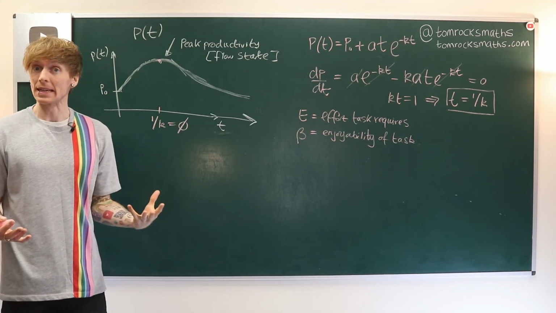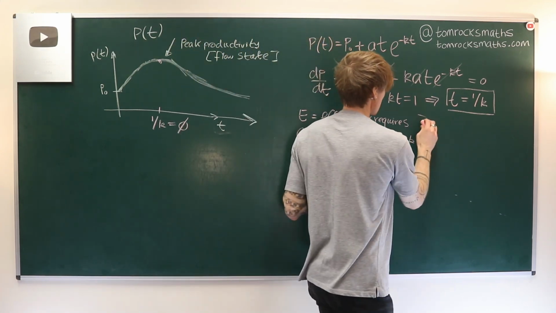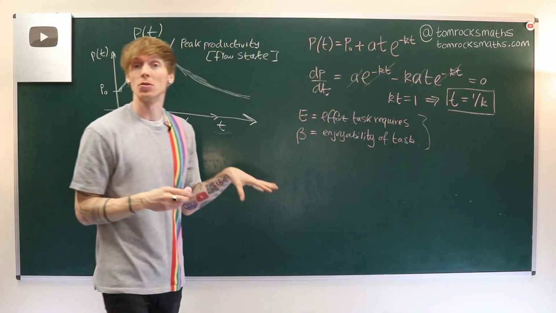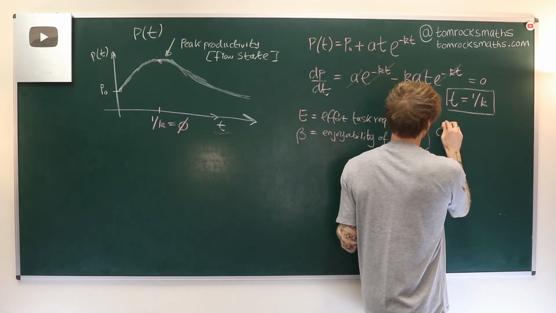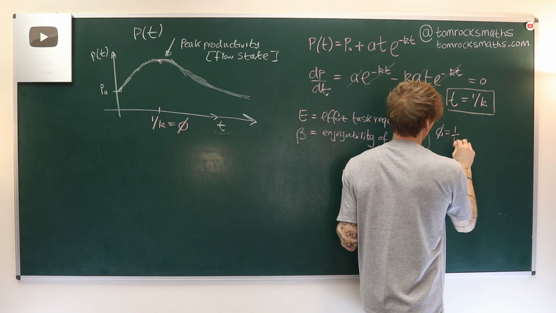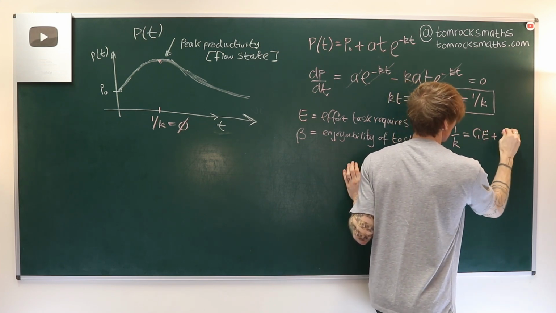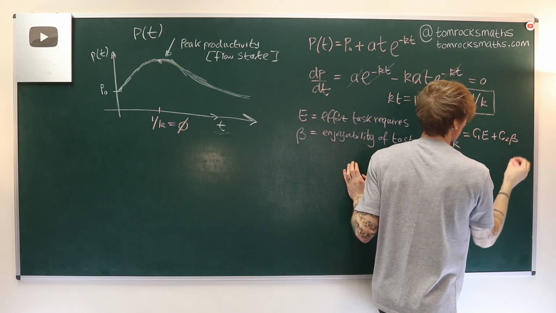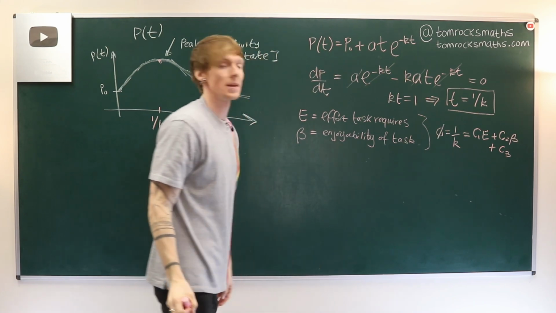Now, for simplicity, we can model phi, or 1 over k, as a linear function of these two variables. So let's suppose that phi, which is 1 over k, is simply equal to c1 times e plus c2 times beta, and then let's add in a third constant, c3.